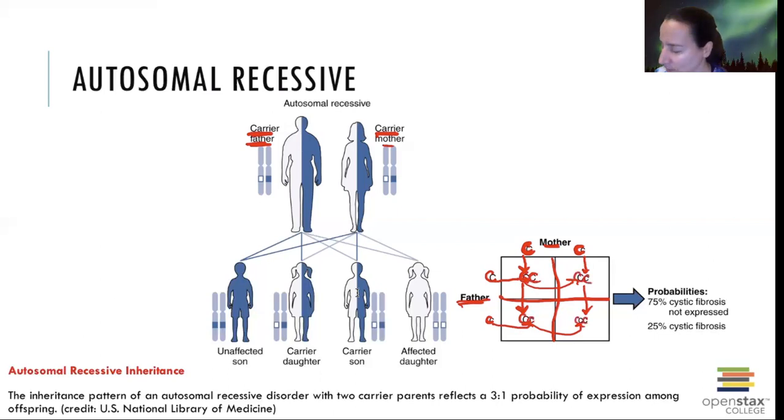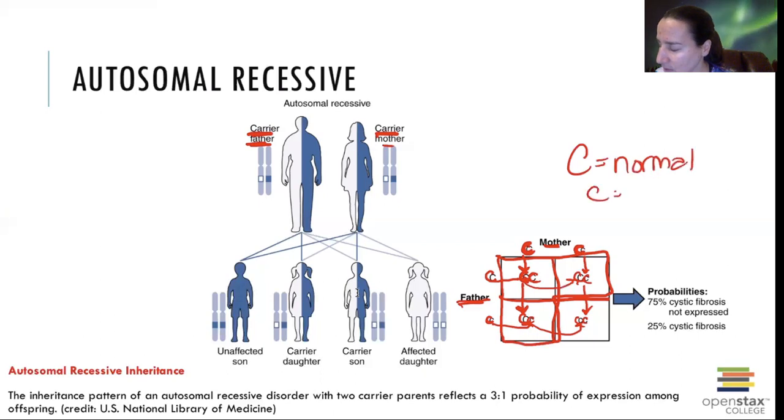So if you have a big C, like this box and this box, these big C's again were normal, big C normal, little c is cystic fibrosis.